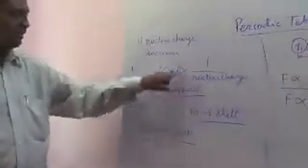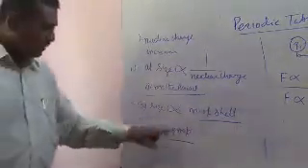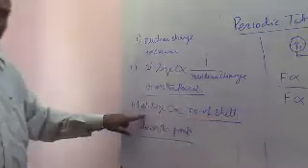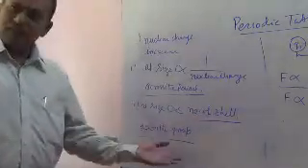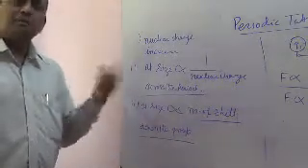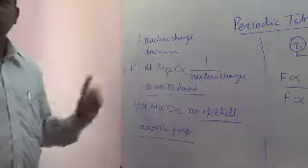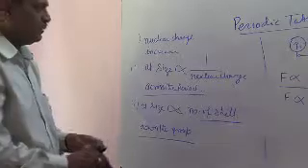As the nuclear charge increases, atomic size decreases across the period. As the number of shells increases, atomic size increases down the group. Even though the nuclear charge increases down the group, the number of shells is increasing, so atomic size increases. Right? Now see the effect.